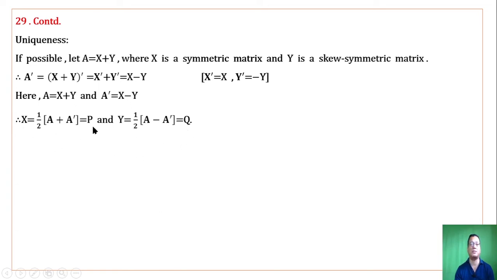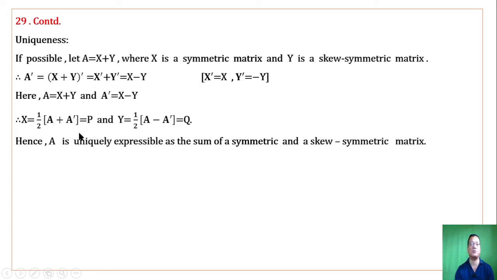X and p are same, y and q are same, which contradicts our supposition that x and y are different from p and q respectively. Two differences are always same. Hence, A is uniquely expressible as the sum of a symmetric and a skew symmetric matrix.